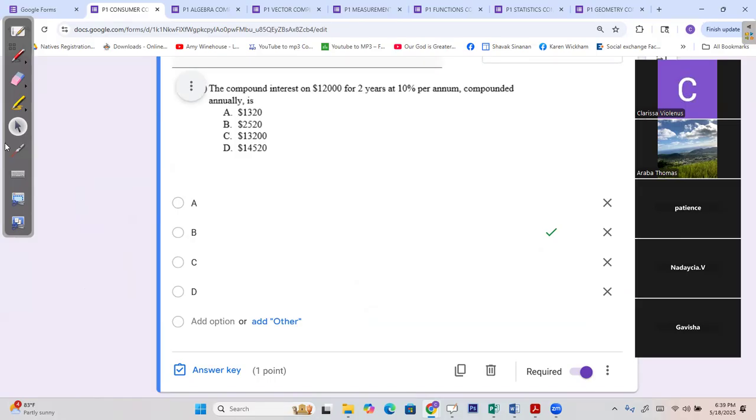Sorry. All right, let's go. So it says 10%. I love when it's 10%, because 10% is easy. 10% is 10 over 100 times the 12,000, right? So let's see what the interest is after. Compound interest means it's increasing, so you're adding on.